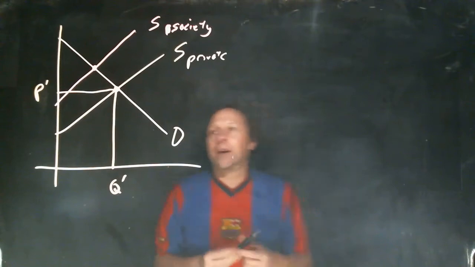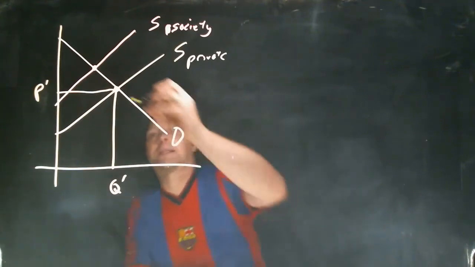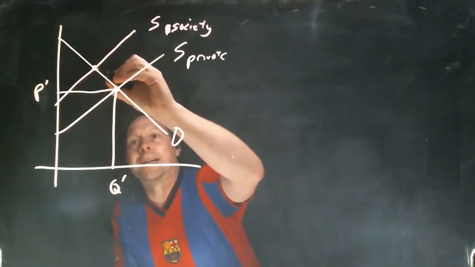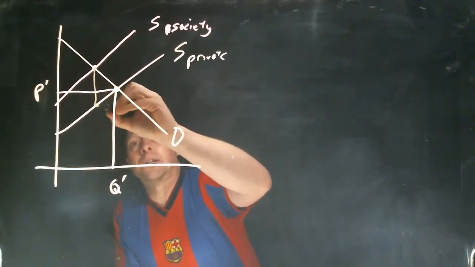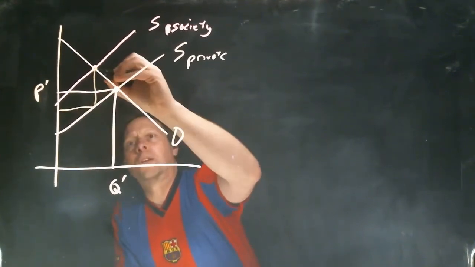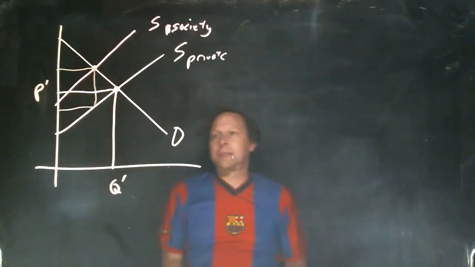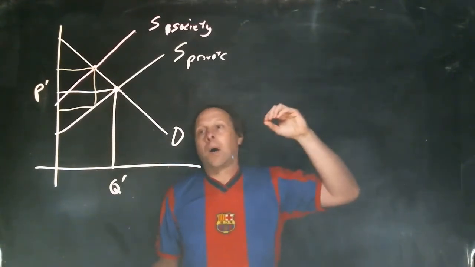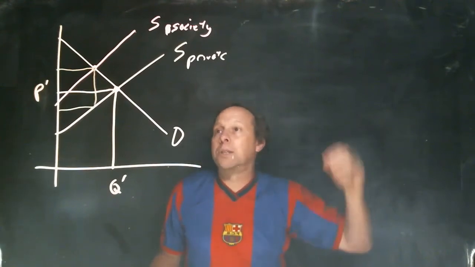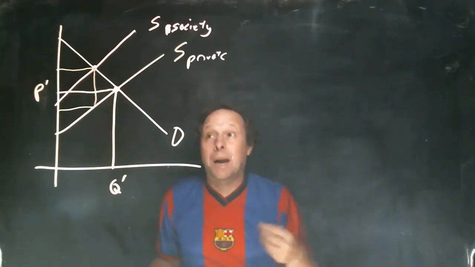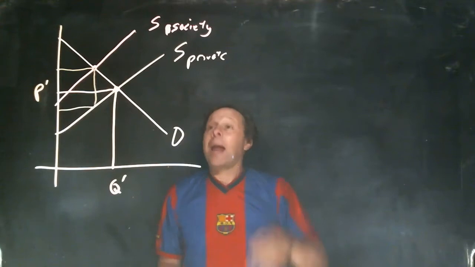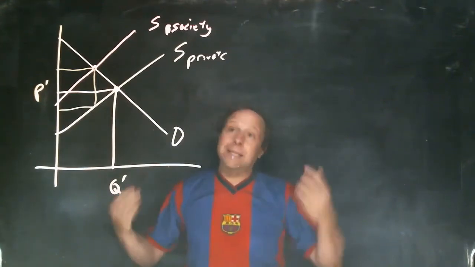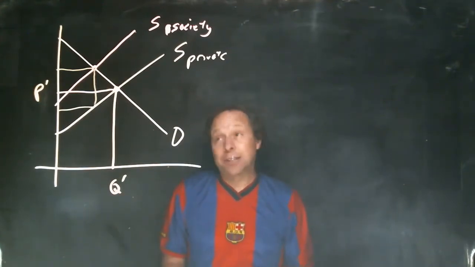So let's imagine we solve this situation here by putting a tax on this good, which leads us to this situation here. So we're going to put a wedge in between what demanders pay and what suppliers get, right? And what that's going to do is internalize the externality.